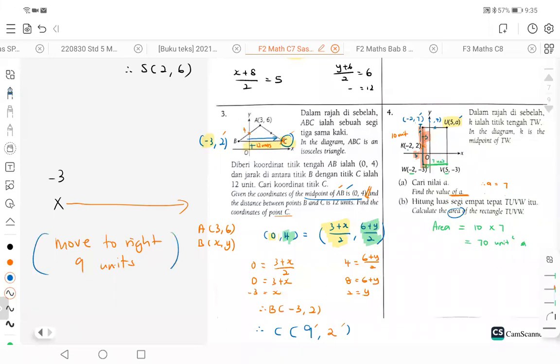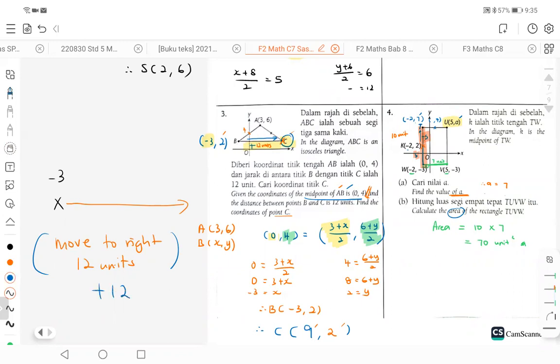If you change this sentence, not 9 units, it should be 12. If you change it to an integer, it's plus 12.